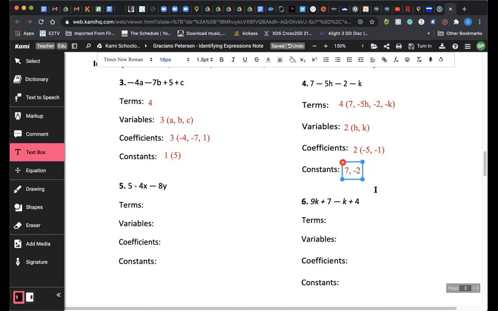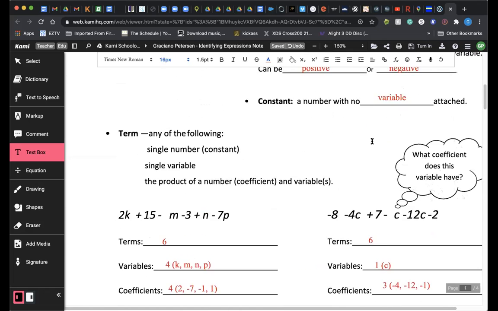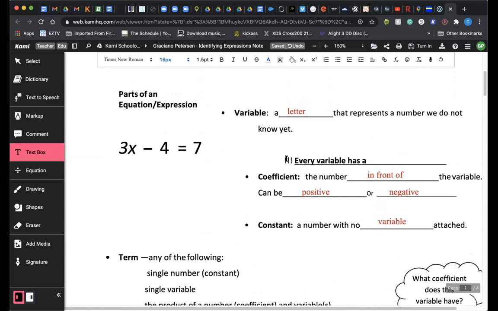All right. So remember, you have to remember your definition. So we have 2 constants, 7 and negative 2. This all goes back to making sure that we have our definitions and that we're using them effectively to get our answers. If we go back to our very first page of notes, we have our definitions right here. Every variable has a coefficient. The coefficient is the number in front of the variable.